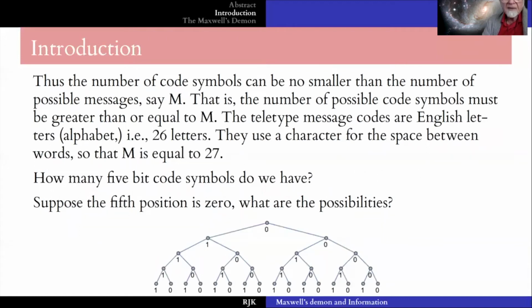So the number of code symbols can be no smaller than the number of possible messages, which we've said is m. The number of possible code symbols must be greater than or equal to m.